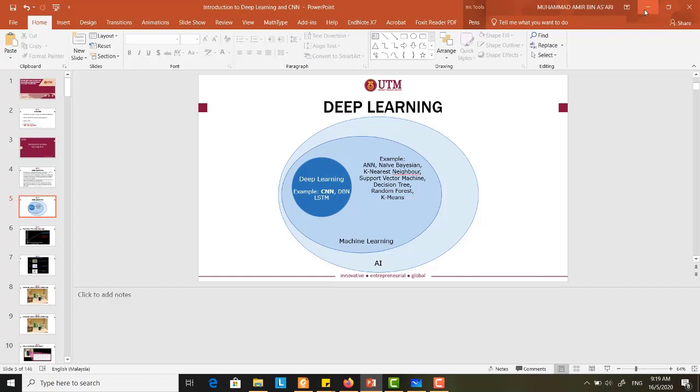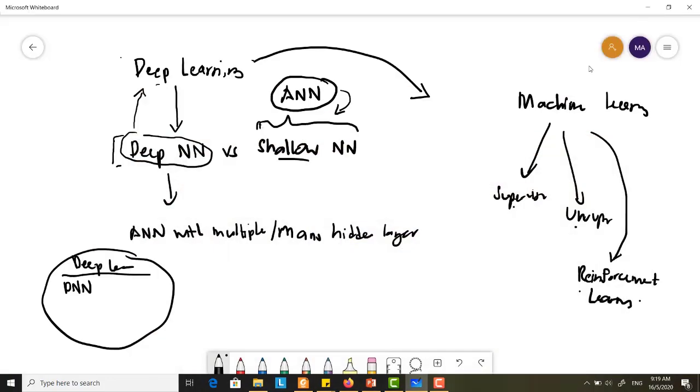Maybe one day if you are interested in doing research in AI, you will realize that in some research papers, inside reinforcement learning, you also have deep learning.